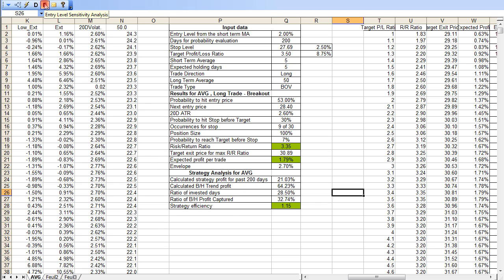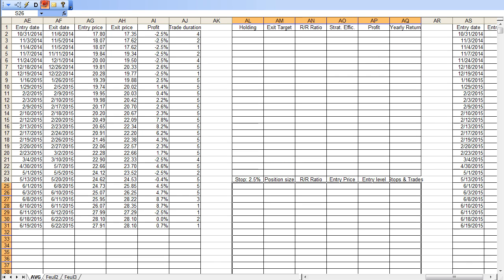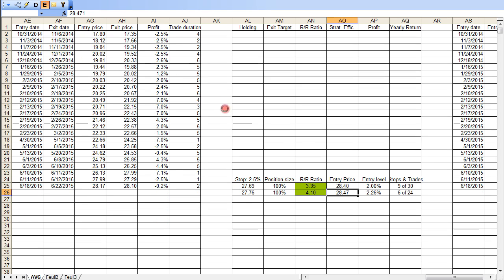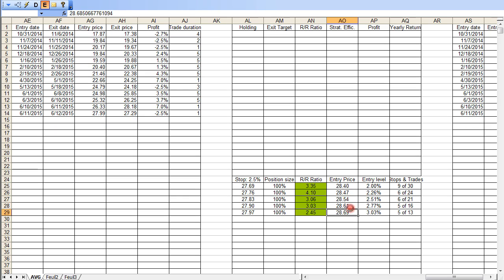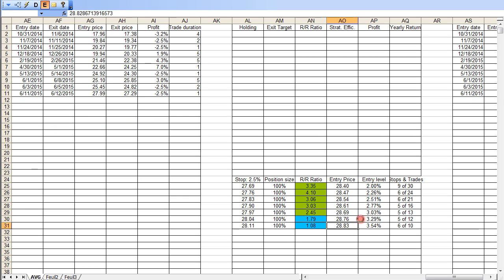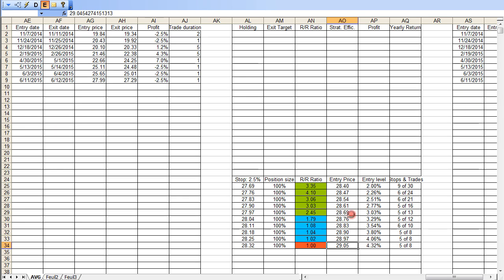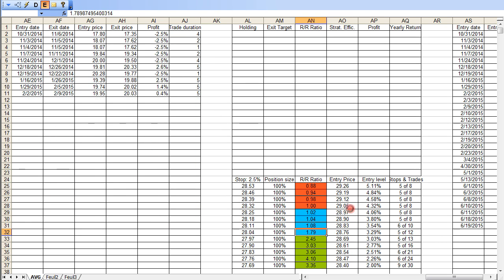And if we use the sensitivity analysis, we can see that we could buy a breakout up to basically 28.69. Above that, the risk return ratio becomes less interesting.